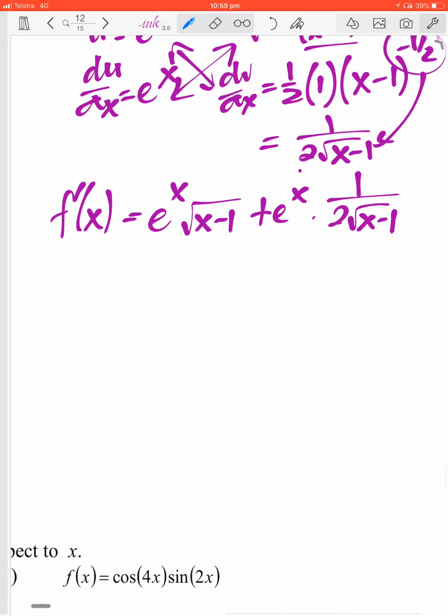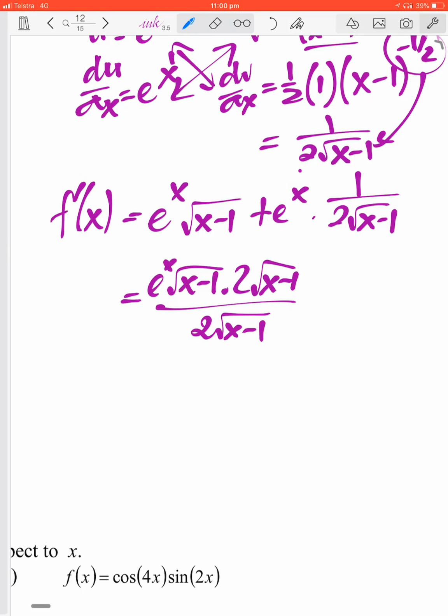Maybe I did do this, I can't remember. If we put it over a common denominator, e to the x root x minus 1 times 2 root x minus 1 on 2 root x minus 1, plus e to the x on 2 root x minus 1.